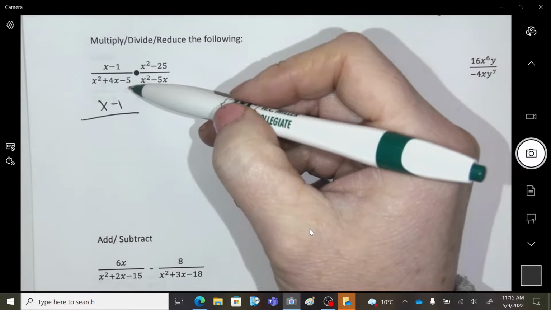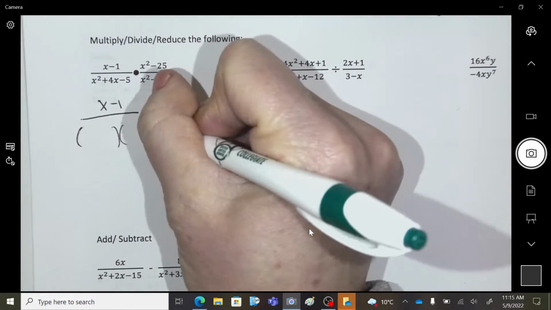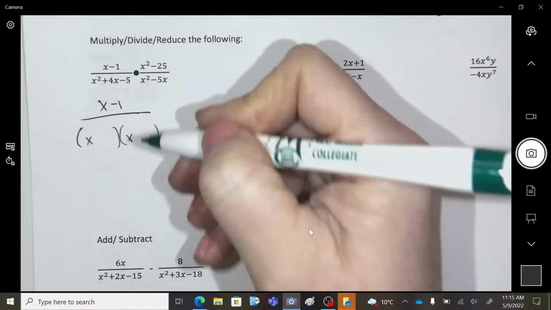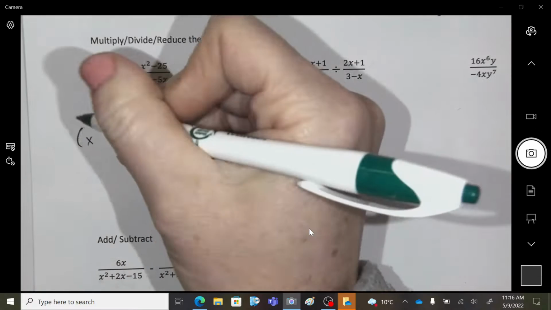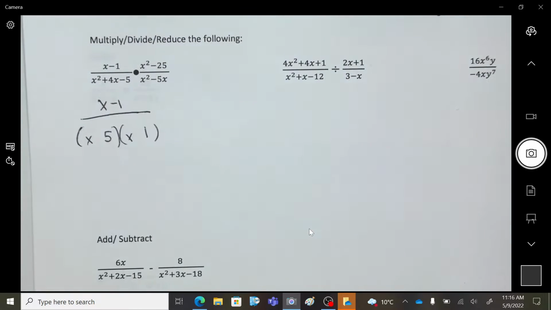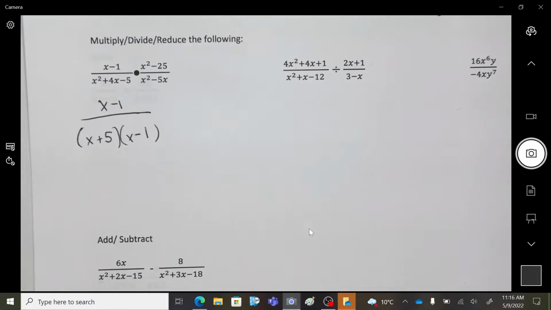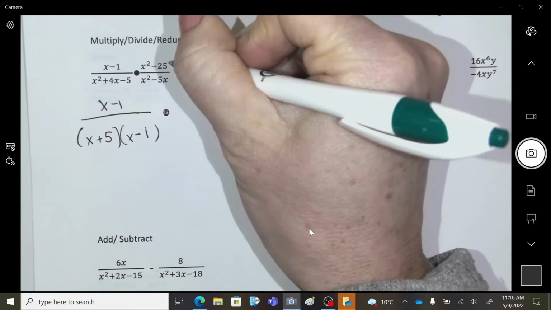Okay, I'm going to factor this with a simple trinomial strategy. Can you think of multiplies to 5? Adds to negative or +4? Multiplies to 5, so 5 times 1. Okay, next I'm going to factor.